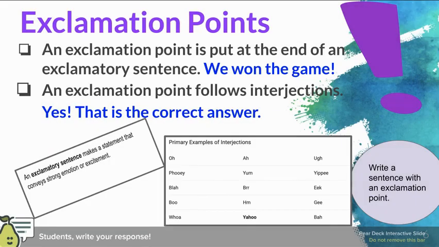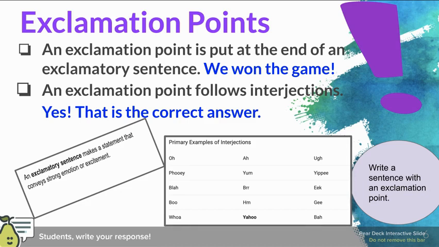An exclamation point is put at the end of exclamatory sentences. These are, you're super excited. We won the game. Or it follows an interjection. Yes, that is the correct answer. Again, you can write this down if you feel like you need this help.